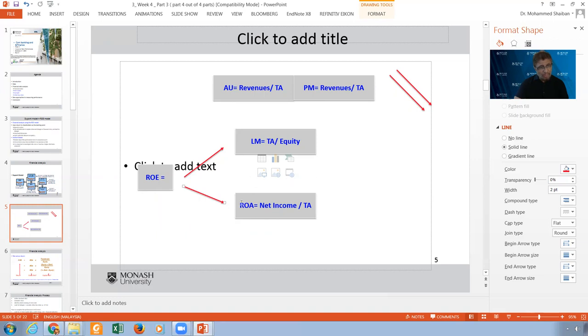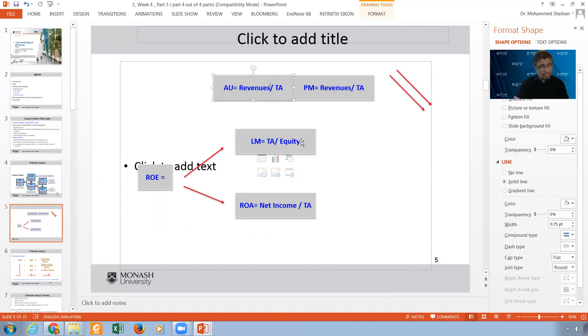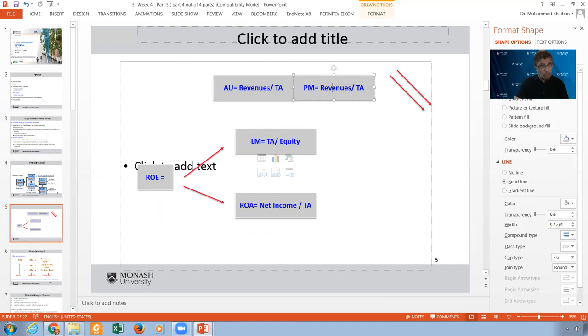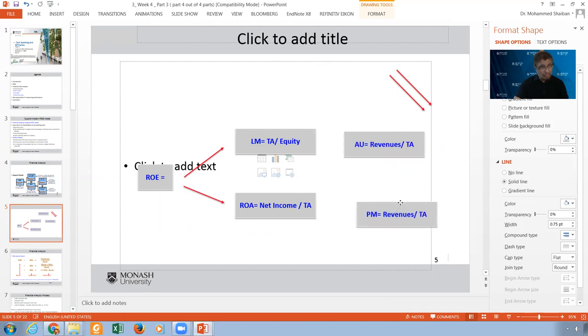Now I want to break this again, and actually breaking this again is very important, because the ROE model is just this one. ROE is the average multiplier times the ROA. But the ROA now is the one that is broken down to this item and to this item.